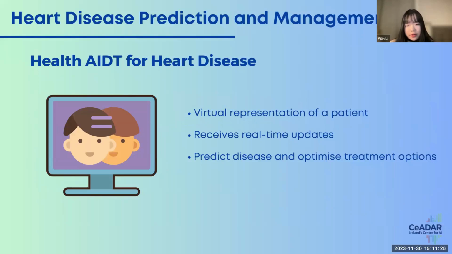So what kind of health AIDT does this research propose? This is a virtual representation of the patient that receives real-time updates on the range of data available to predict disease and optimize treatment options.